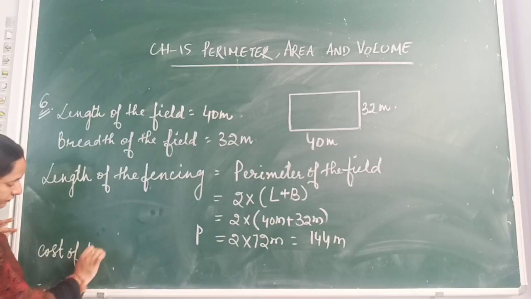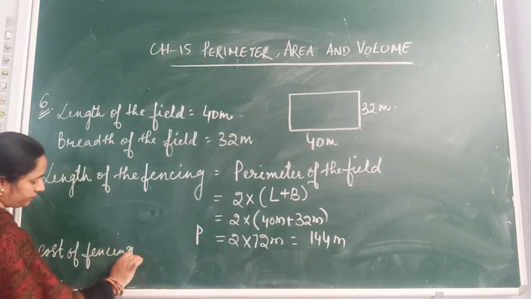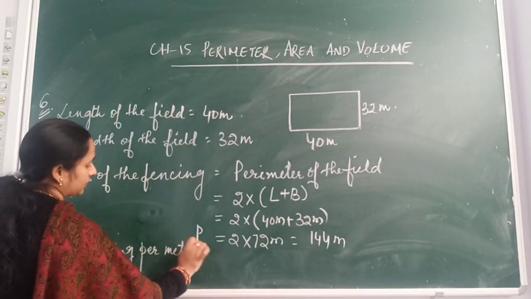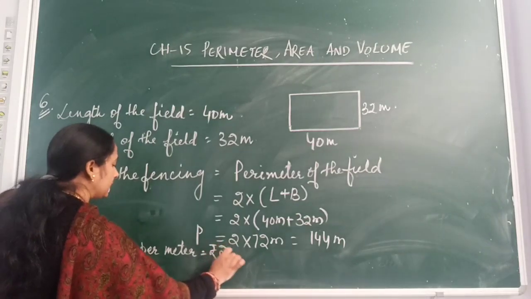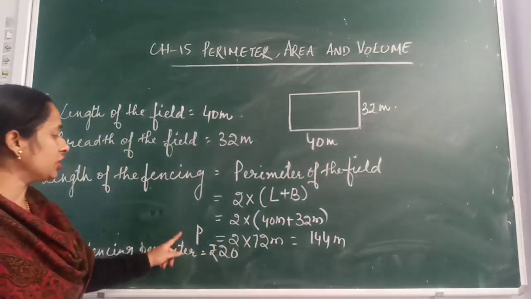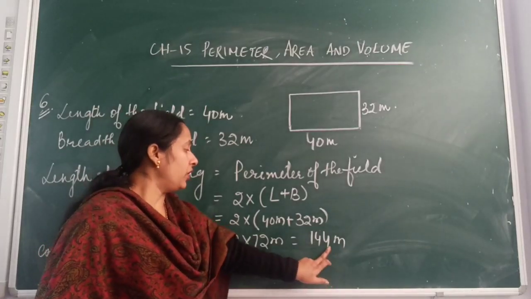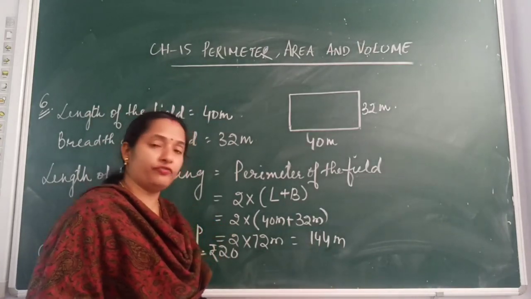Cost of fencing per meter is rupees 20. Then what will be the cost of fencing for 144 meters?